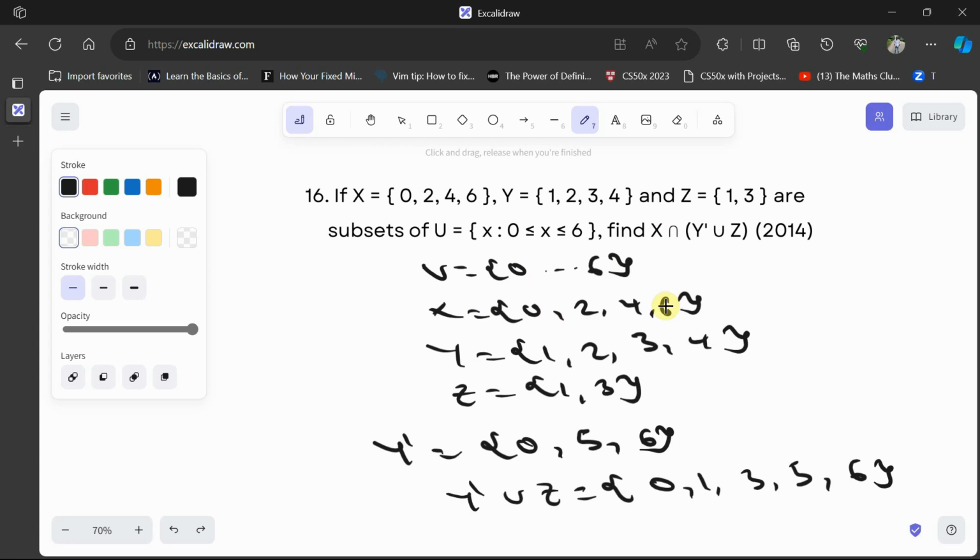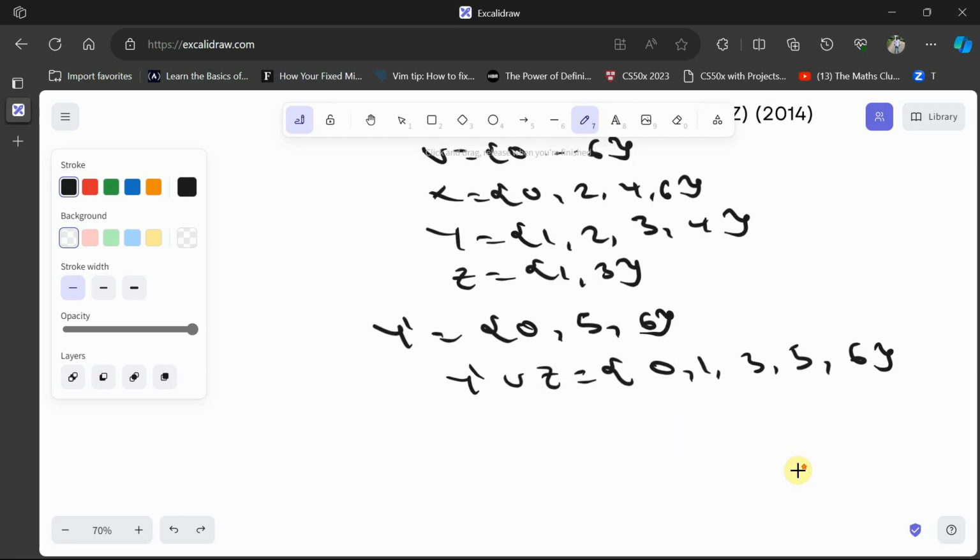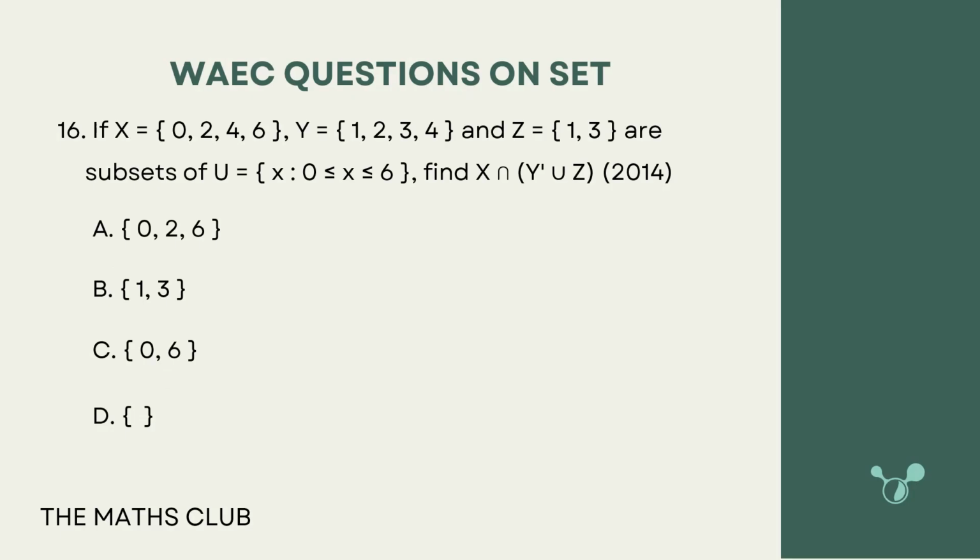So this is our X, these are Y prime union Z. I can see 0 is an intersection point, and then 6 is an intersection point. So at the end of the day, my X intersection Y prime union Z is going to be 0, 6. Let's see if our answer is correct. So that should be option C. Well done to you if you got it right.